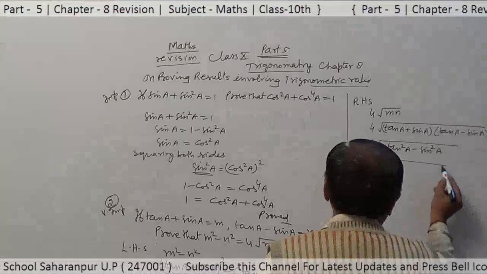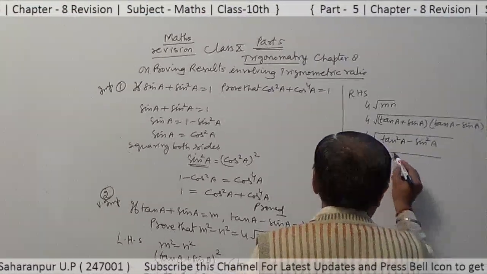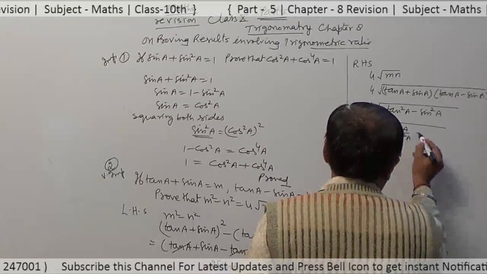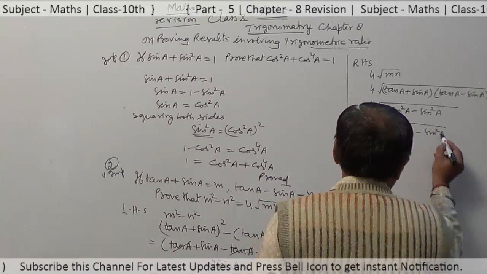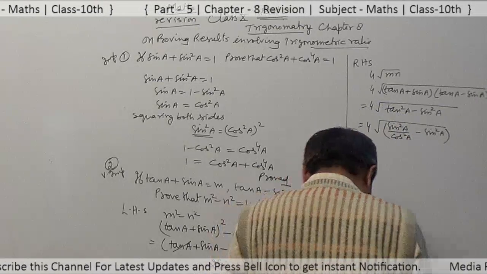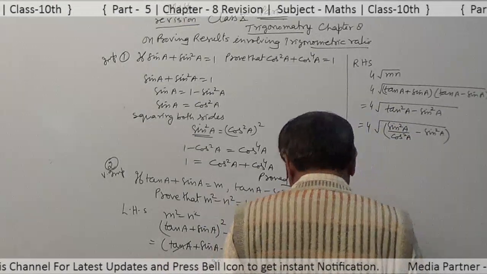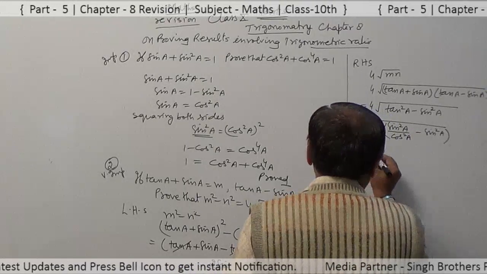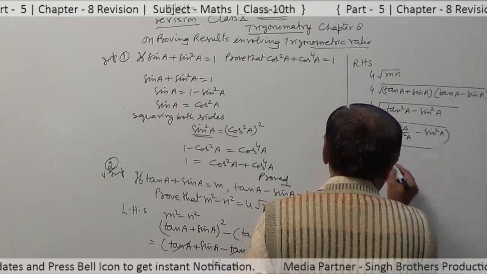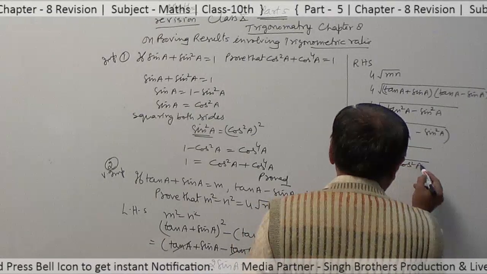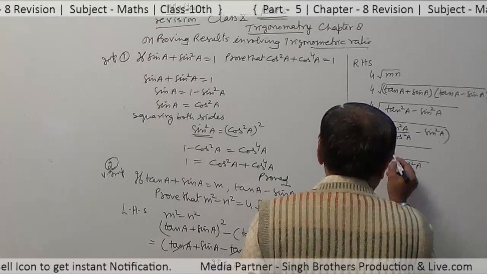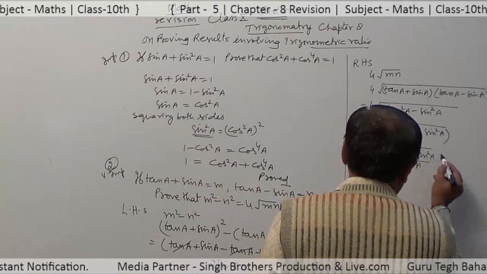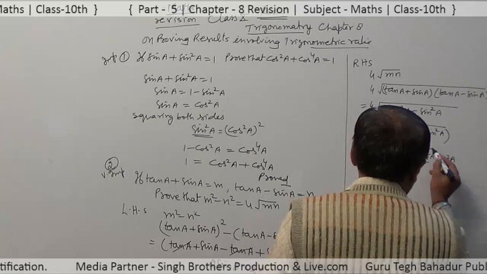Tan square A is written as sin square A upon cos square A, minus sin square A. For this, cos square A is the LCM, so sin square A minus sin square A cos square A.